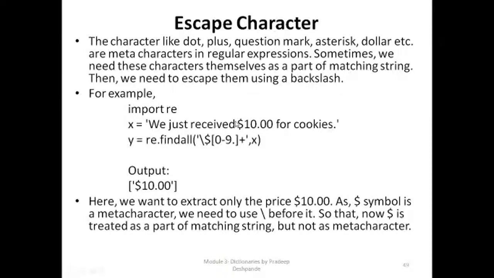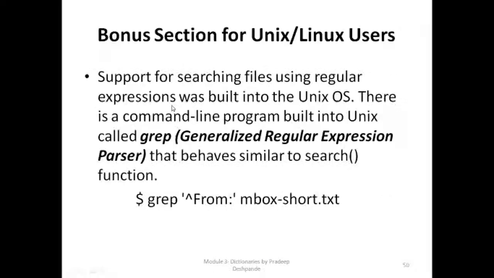So there is a dollar symbol here. We have a dollar symbol in the matching pattern, and you want to extract this dollar. Dollar itself is a meta character, so it will not be considered. So we have to use a backslash to include this dollar as part of the match.